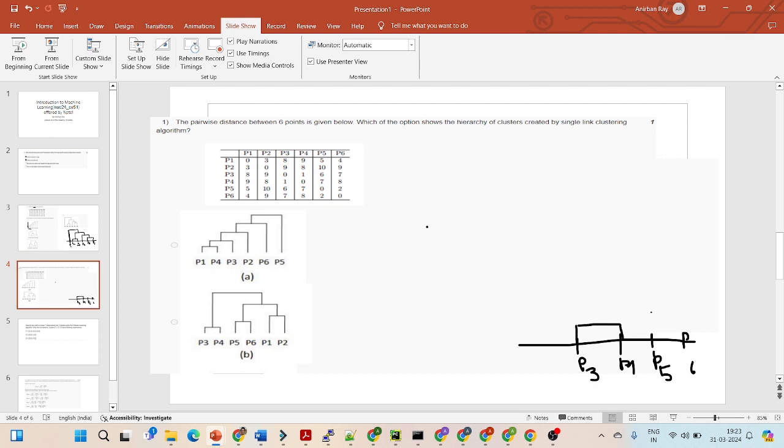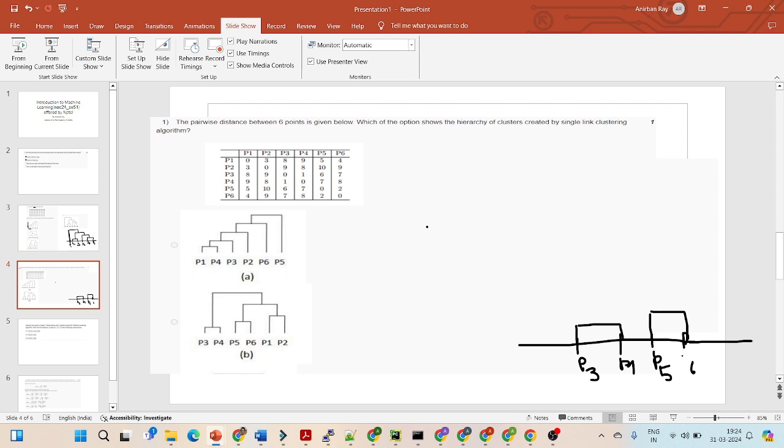So this is a little higher. And then what you can see is that P1, P2 is the third. What have you written next after P3?